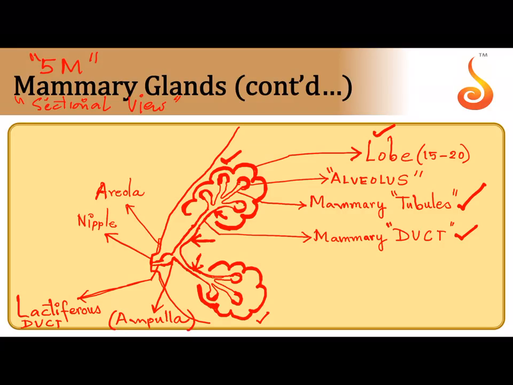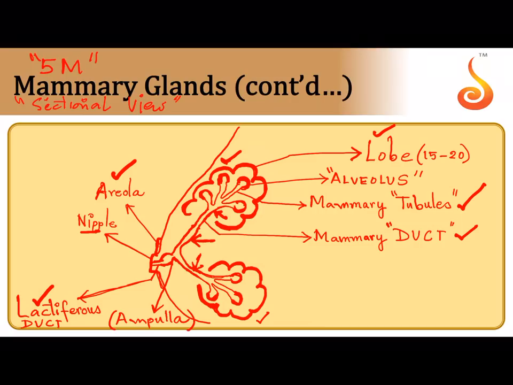And from the ampulla, how is the milk drawn out? It is drawn out through the lactiferous duct, which opens onto the surface of the nipple, and the skin around the nipple on both sides is referred to as the areola. Okay, so replicate. I hope you have replicated this diagram as and when I was showing you here.